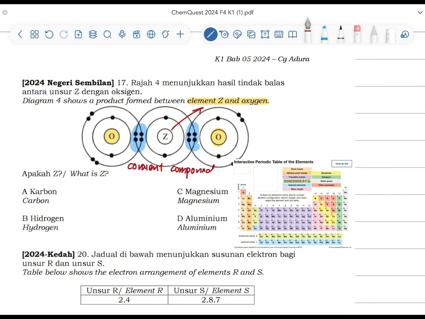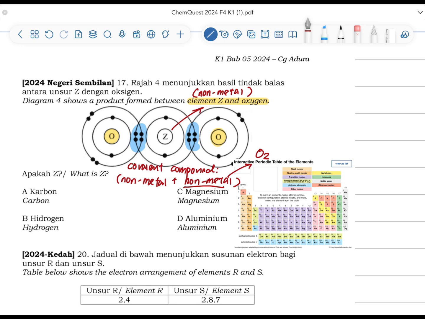So in order to get a covalent compound, it must be through the sharing of electrons between a non-metal and a non-metal. So we want to find a non-metal, where one non-metal is already the oxygen. So this element Z is actually a non-metal.